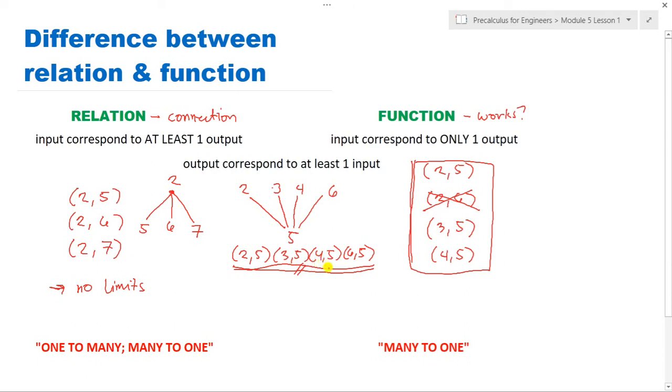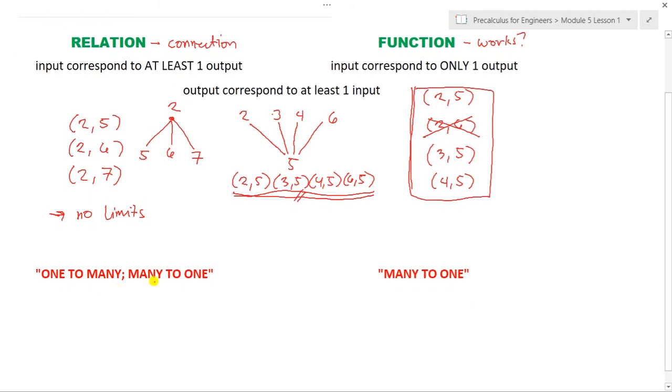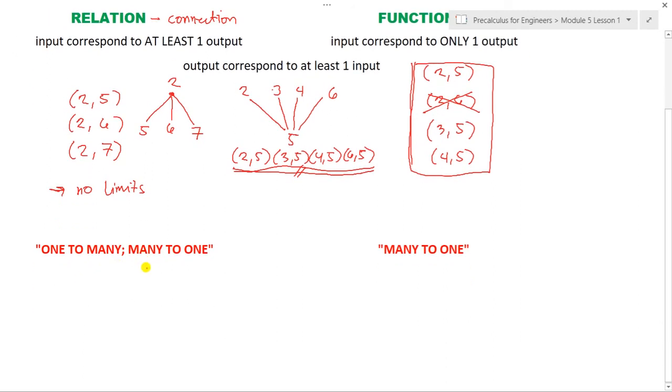So to summarize, class, a relation is one to many and many to one, meaning it has no limits and no rules to follow. To visualize this, let's say I have inputs x sub 1, x sub 2, and x sub 3, and outputs y sub 1, y sub 2, and y sub 3.